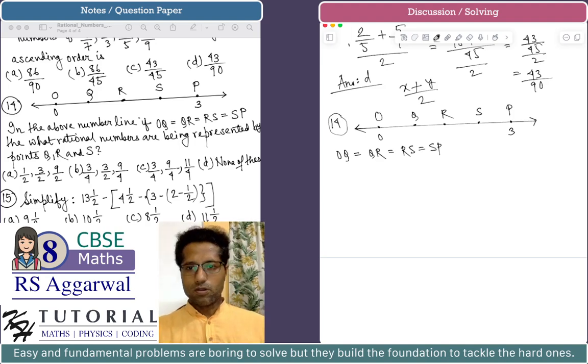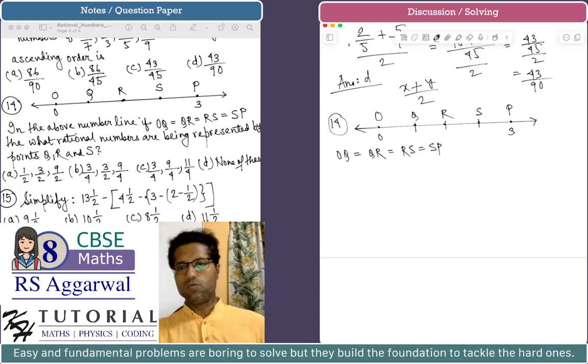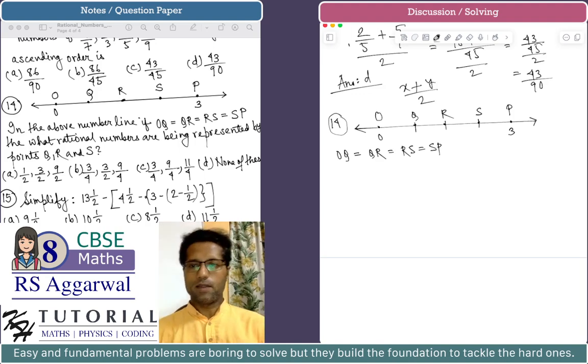So all these points Q, R, S are marked at equal distances from each other.